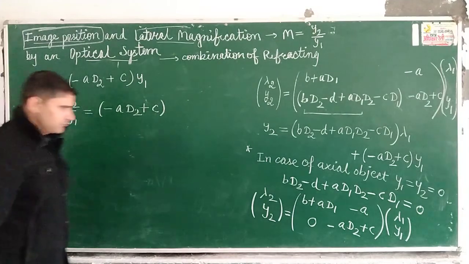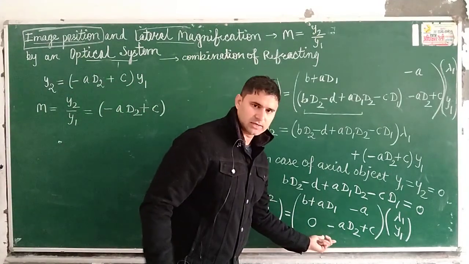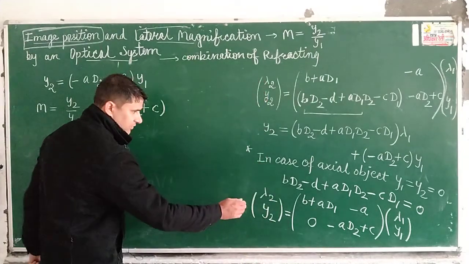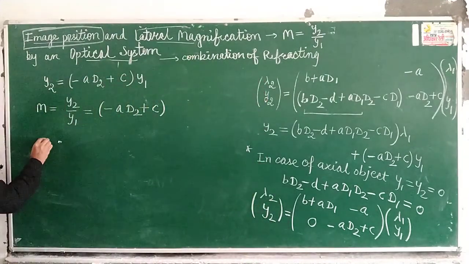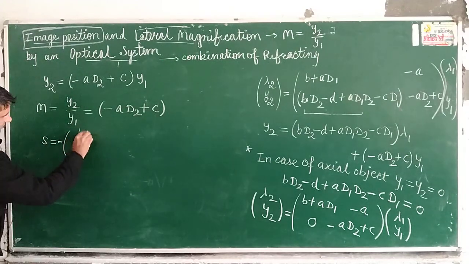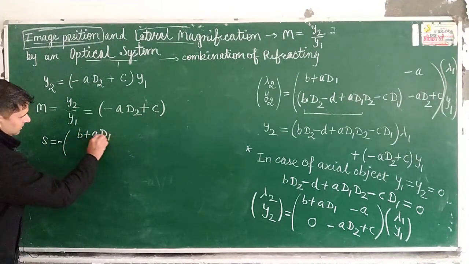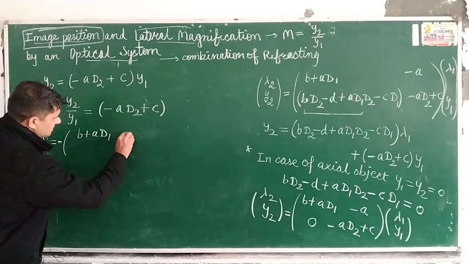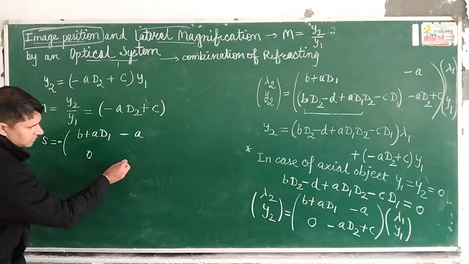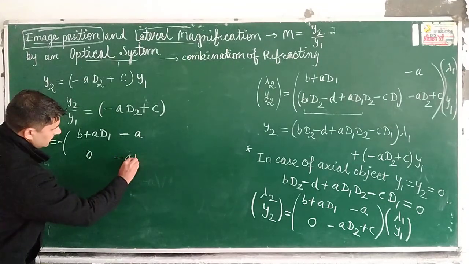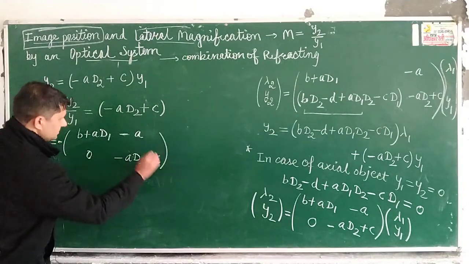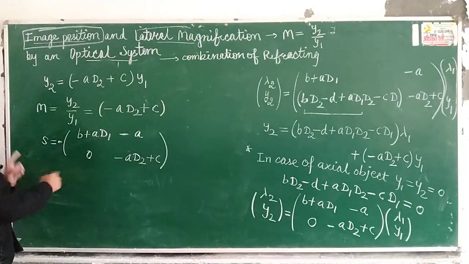And for this system matrix, we know that the determinant of the system matrix is equal to unity. So if we take an idea from that, here I am writing the system matrix which in this case is b plus a d1, minus a, and then we have 0 and minus a d2 plus c, and this is the system matrix.